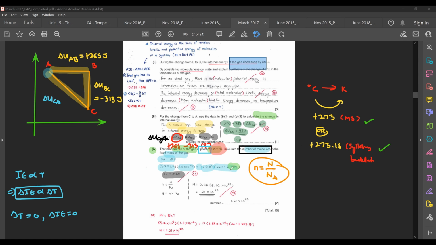This is an equation that you will learn at some point. So you want to find the number of molecules, this capital N here. Okay, so sub in everything that you know, you will eventually get the answer as 1.21 times 10 power 22 as your number of molecules. Okay.